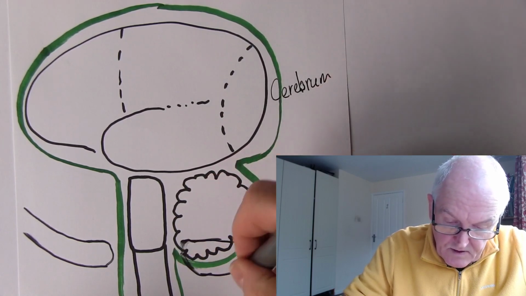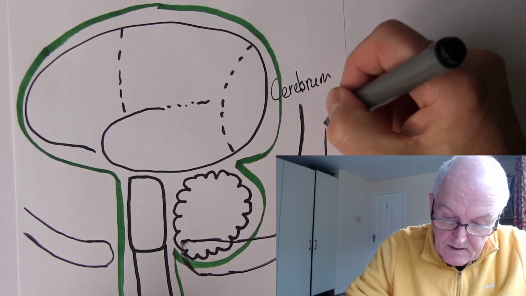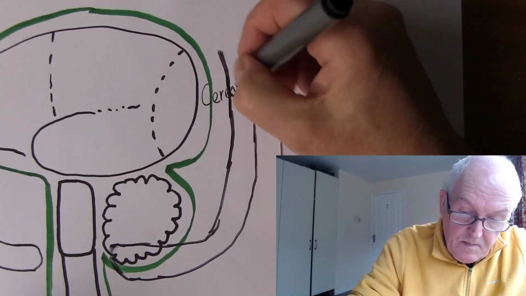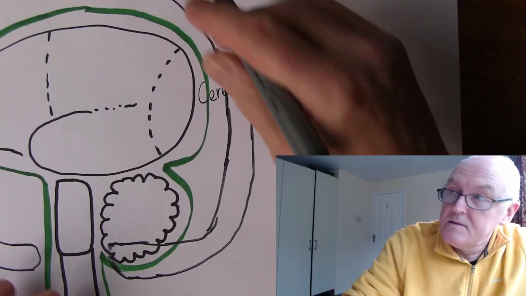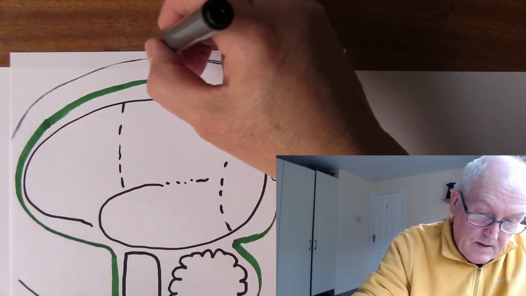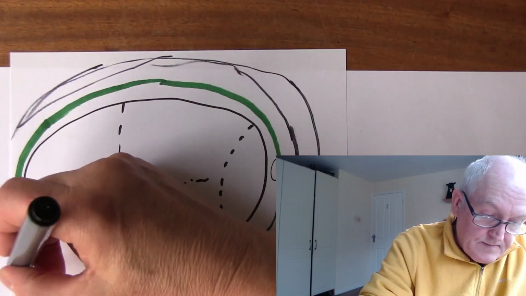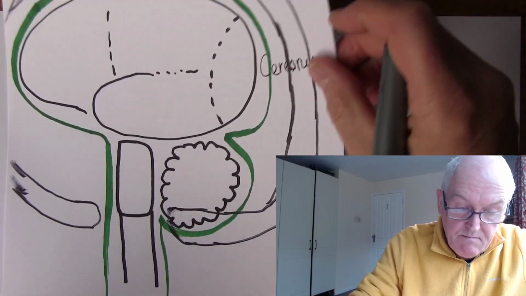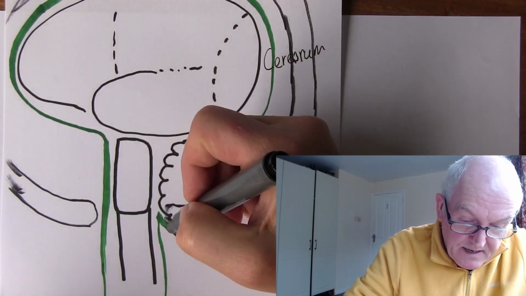Like this, going round about the brain to protect it, round about the skull. That would be the skull going round there. So that's the skull. Now, the gap at the base here is the foramen magnum. So that's the foramen magnum there.